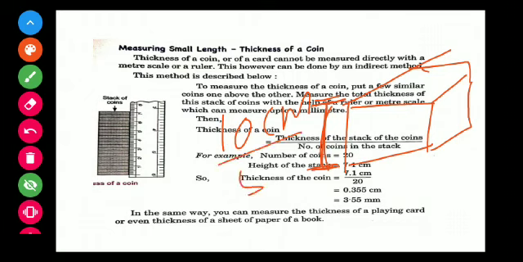Dividing the total thickness by the number of cards, you get the thickness of a single card. 10 upon 52 centimeter is the thickness of a single card. So with the help of the indirect method, we measure the thickness of a single card.